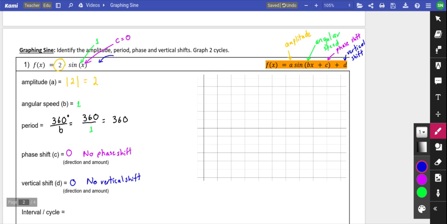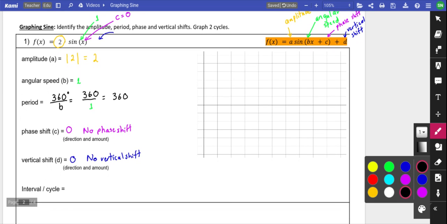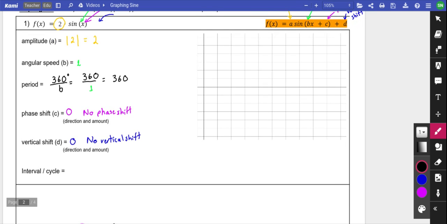Now that we have those parts, we need to start graphing the equation. Everything is blank here, so we have to determine what we're going to be graphing. The amplitude is 2. That means that the highest that we go is going to be 2. Let's start by labeling the vertical axis.